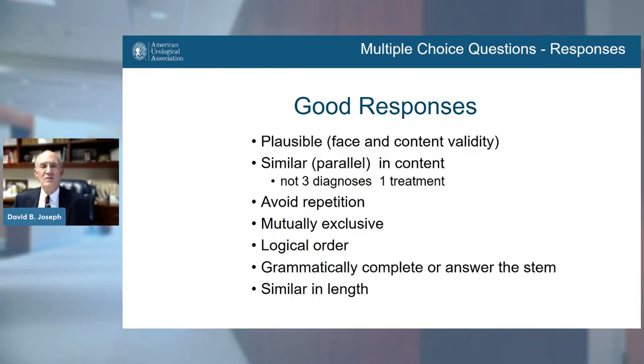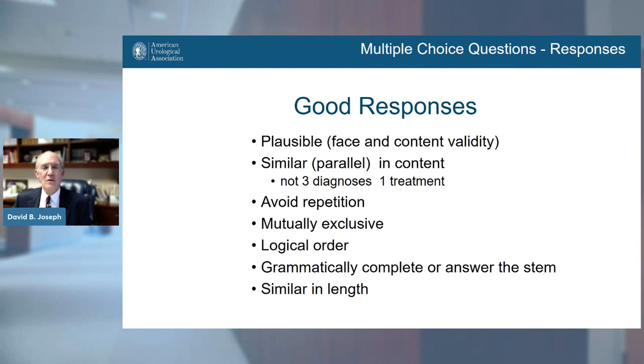They're similar, or what we also call parallel in content, meaning if you have 4 responses, you want them all to be diagnoses or all treatment. You don't want to have 3 diagnoses and 1 treatment, because that treatment will stick out in most cases and either draw the attention of the learner where they're going to answer it positively, or they'll exclude it.